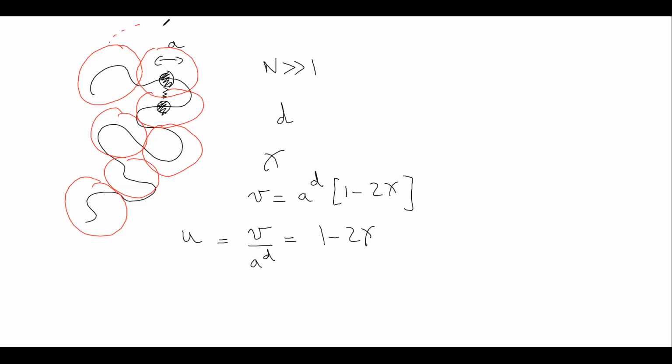Now I need to compute the interaction between these 2 big, effective monomers, because I know all the interactions between all the realistic monomers. So I recompute that, and now I have another problem, which has a smaller amount of monomers, but these monomers are bigger. And I know the effective interaction between those larger units. And then I redo the same process. I regroup 3 big monomers into even bigger monomers, and I recompute the interaction, and I end up with another polymer problem. This is the idea of renormalization.